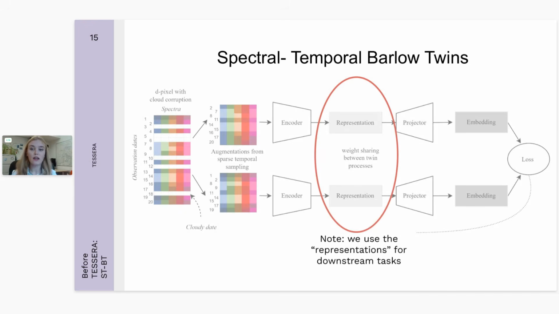However, in current dialogue around foundation models, we're usually talking about embedding being the thing that we do downstream tasks on. But this was not the language that was used in the Barlow twins paper, or that we inherited into spectral temporal Barlow twins in this early work. So when we're talking about downstream tasks, we're actually using what's called the representation, which is the compressed version, which we're compressing specifically to 128 dimensions. So what I've circled here, this step, is what we use for the downstream applications of spectral temporal Barlow twins.